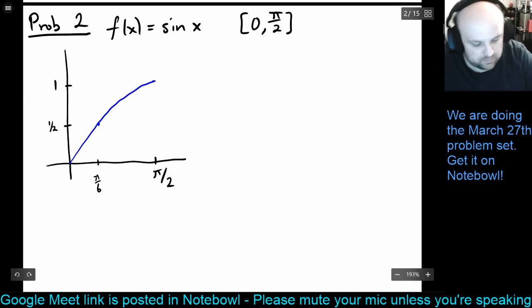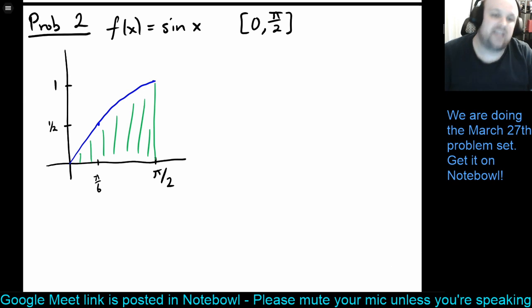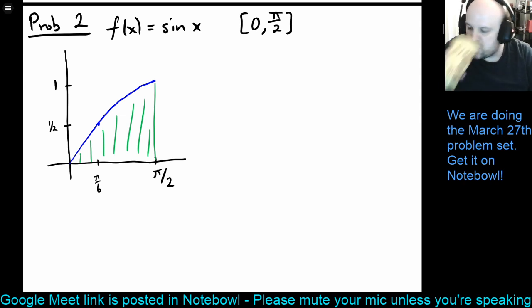Right. So what we're asking in this question is we're trying to approximate this area. We're trying to estimate that area there. All right. So we want to do this in 3 ways: left endpoints, right endpoints, and the midpoint rule.